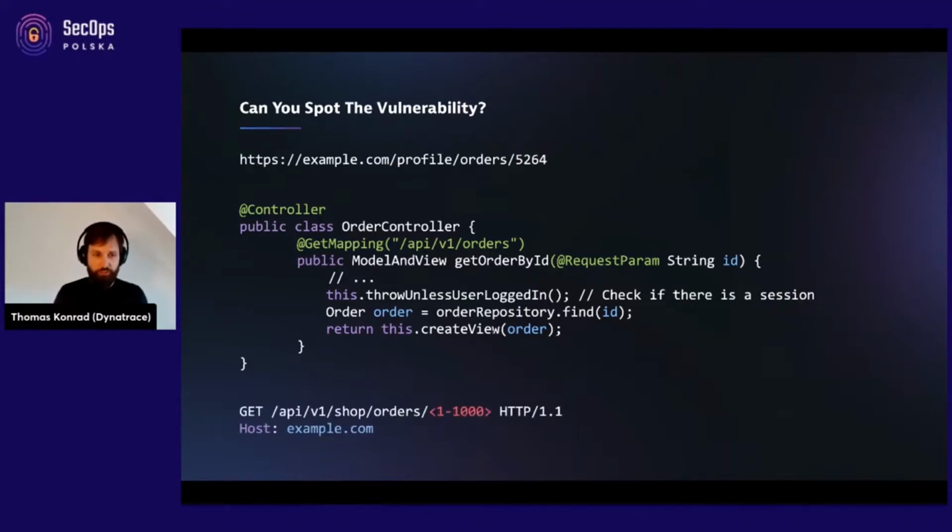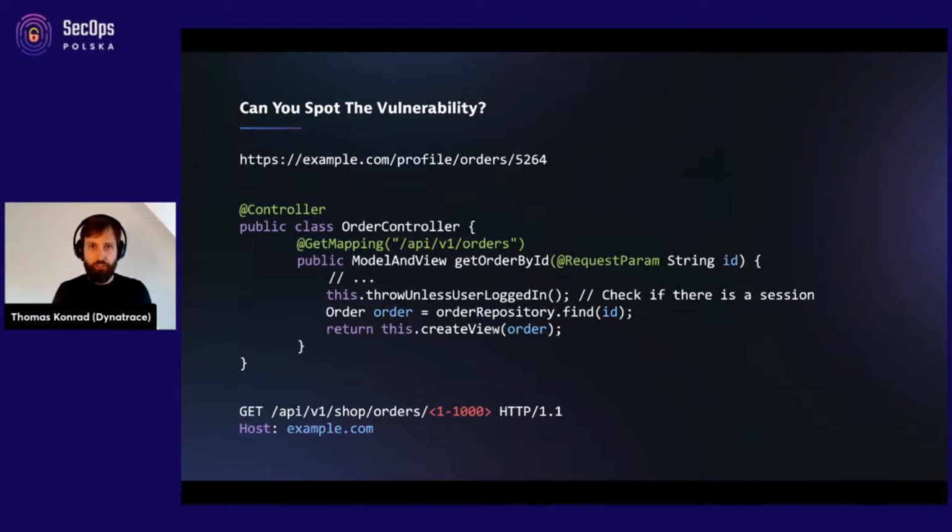Because what an attacker could do is they could just iterate through the numbers 1 to 1,000 and read out orders also potentially with other people. Because the checking here just says whether I'm logged in or not. It doesn't check whether that specific order actually belongs to me. It could be an order of some person on some other person. So 5264 is my order, but 5263, the previous one, was not done by me because I did 2 orders in a row.